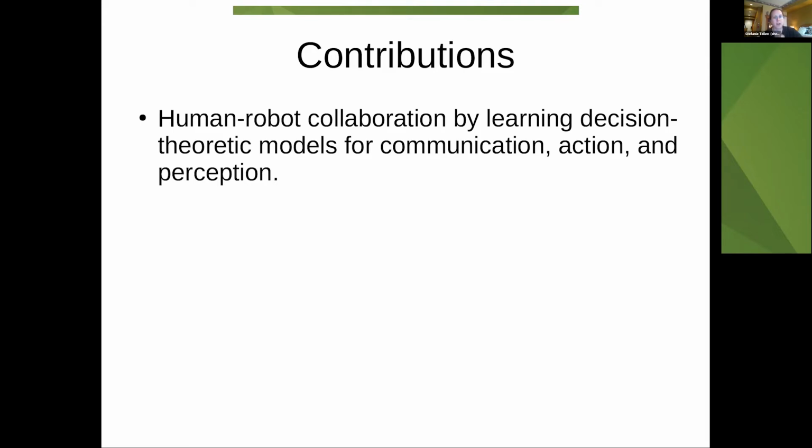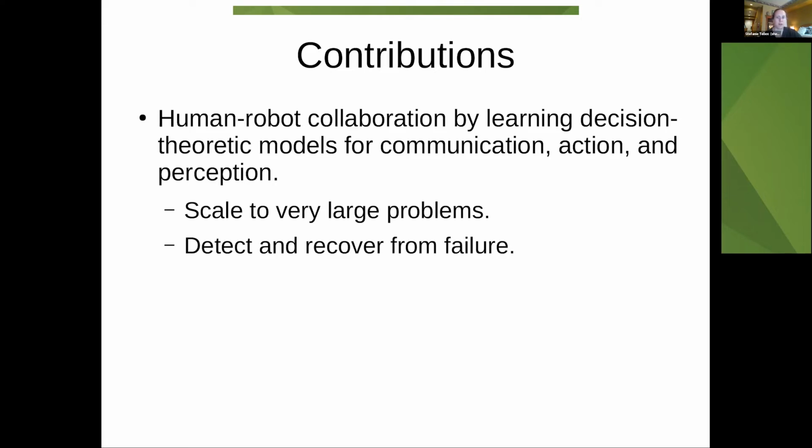So you can see that depending on the goal that the robot has, the perception system needs to be tuned and needs to decide what to pay attention to so that it can achieve the goal. So if we make this work, by learning these models, the robot's going to be able to scale to very large problems.